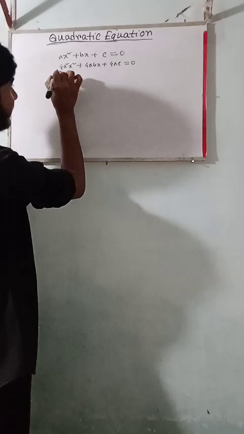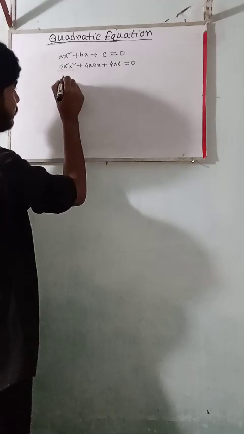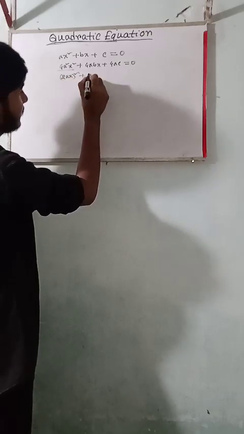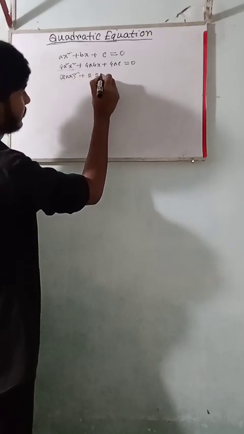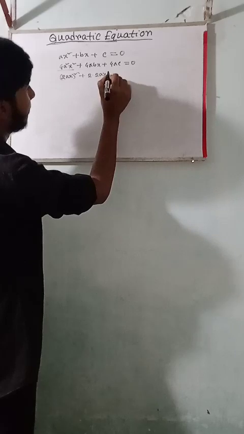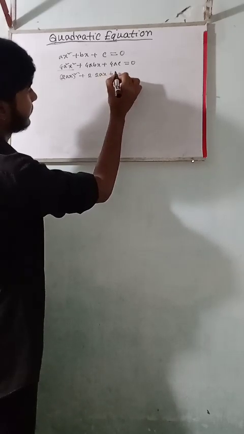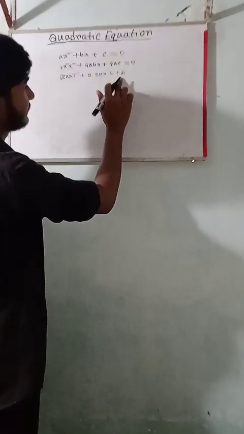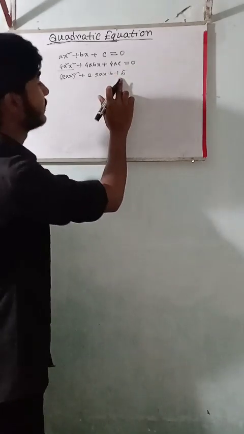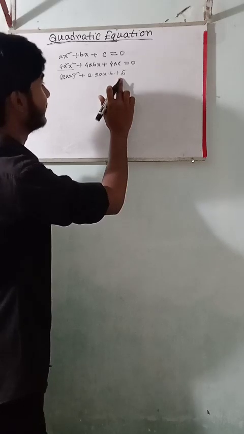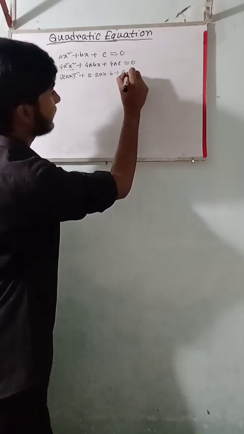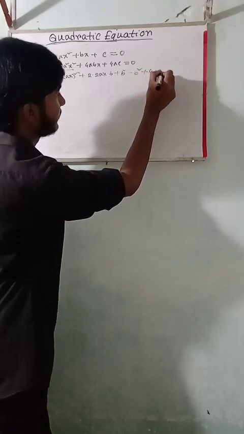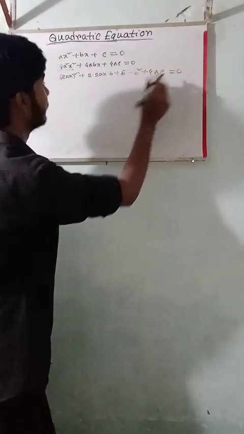Now, if we make it a perfect square, then it will be (2ax)² + 2 × 2ax × b + b². But we have taken this b² extra, so to balance it, we have to subtract b², and then b² + 4ac = 0.